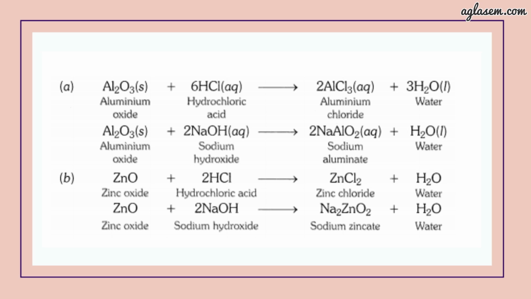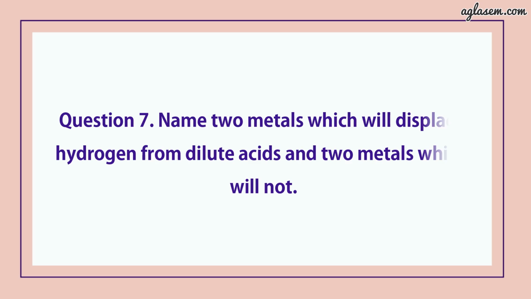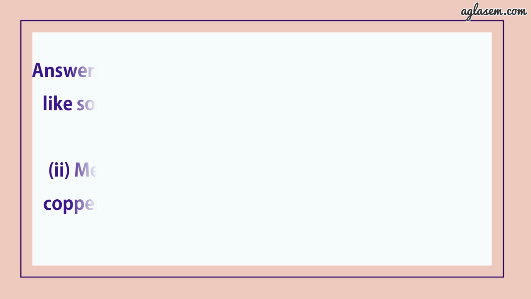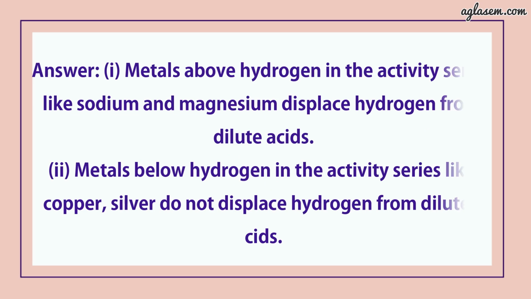Further, question number 7 says, name two metals which will displace hydrogen from dilute acids and two metals which will not. The answer is, metals above hydrogen in the activity series like sodium and magnesium displace hydrogen from dilute acid, whereas metals below hydrogen in the activity series like copper and silver do not displace hydrogen from dilute acids.